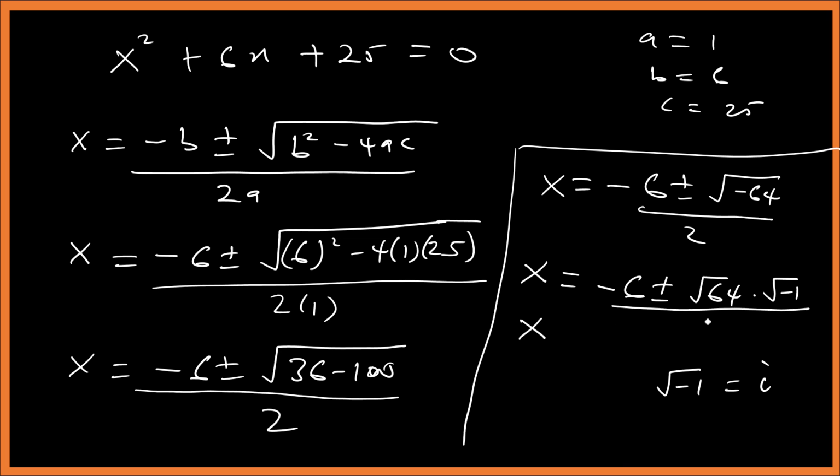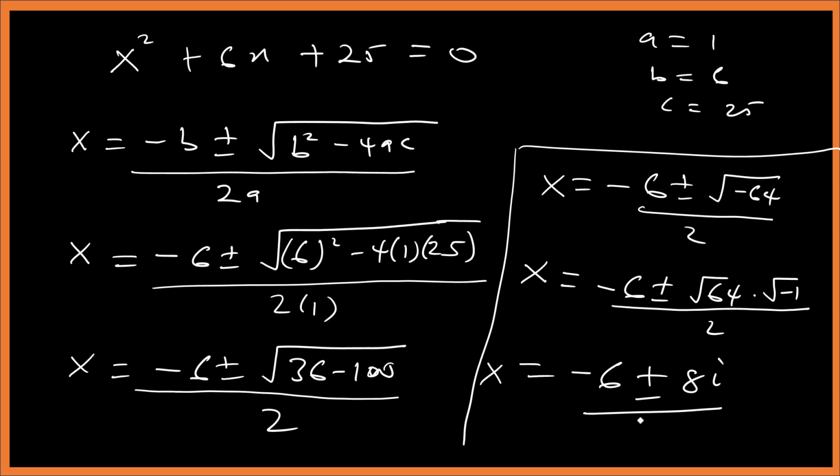So over 2, we have x equals minus 6 plus or minus 8i on 2. The same as minus 3 plus or minus 4i. So this one is complex, so rejected.